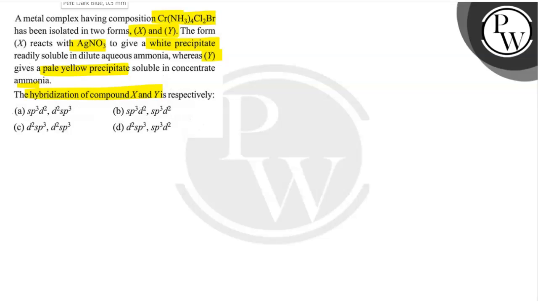So what are we given? We are first talking about X. X reacts with AgNO3 to give white precipitates.